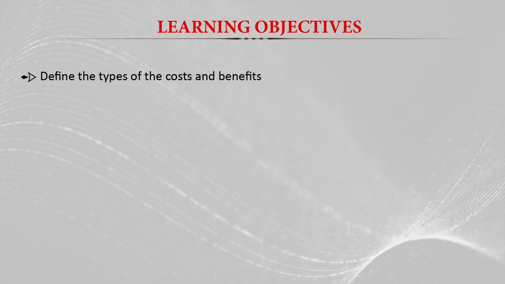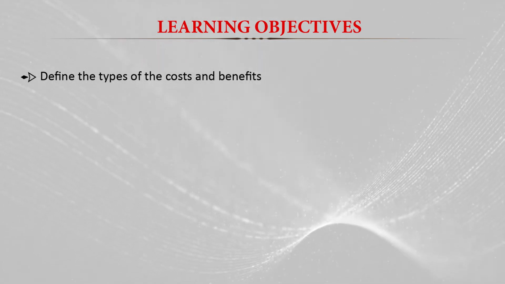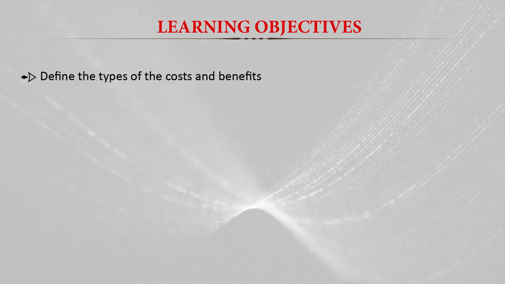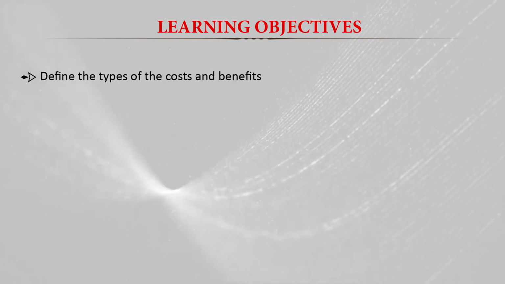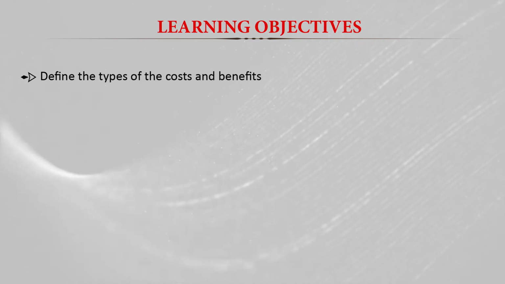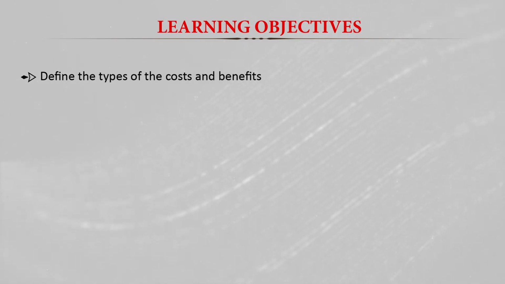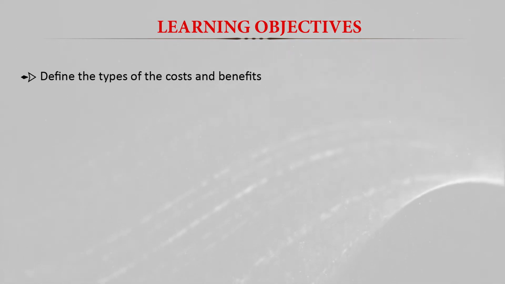Another way of classifying cost and benefit is based on the easiness in valuation, or expressing in monetary terms. So these are the 2 ways through which we can define the cost and benefits.